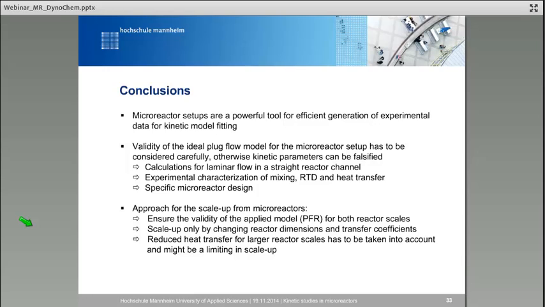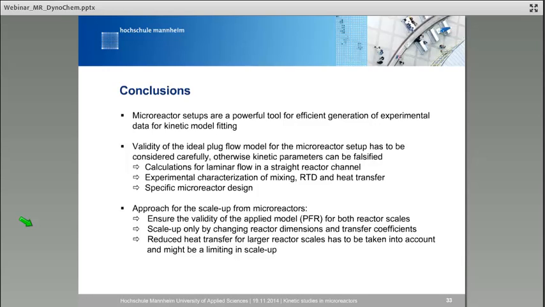In order to ensure the validity of the applied reactor model, we suggested some experimental methods for characterizing the reactors. And so if the described requirements are fulfilled, DynoChem can be used for fitting, optimizing, and for scale-up considerations.